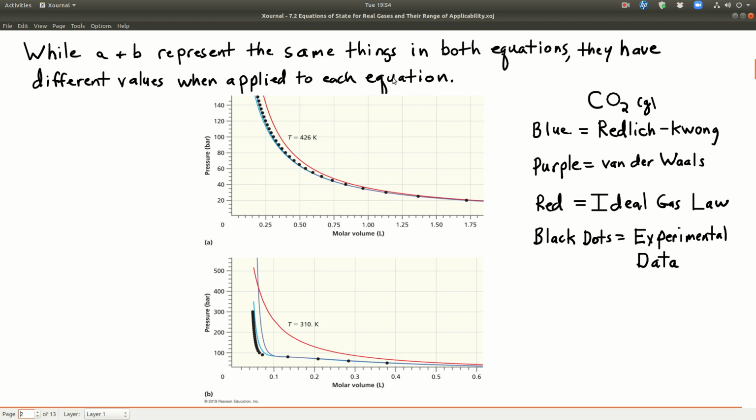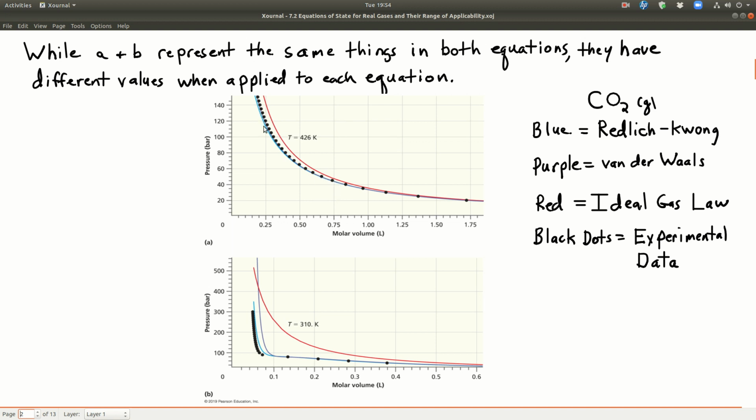So A for carbon dioxide in the van der Waals equation is a different value than A for carbon dioxide in the Redlich-Kwong equation. So in these graphs right here, look at the top graph. This is at 426 Kelvin. The red line represents the behavior of carbon dioxide gas predicted by the ideal gas law.